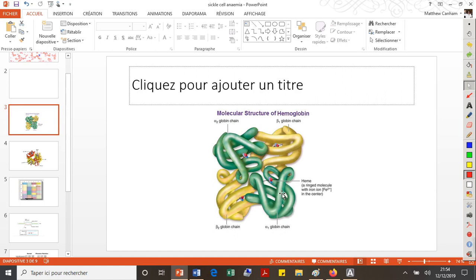In the center of a globin you have a heme which has an iron atom, or iron to be more precise, Fe2+, and the fact that there is this iron will enable oxygen to be carried. So these hemoglobins with their hemes are going to be able to carry oxygen.